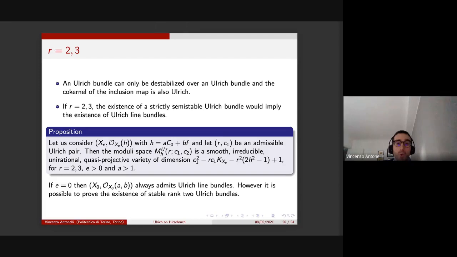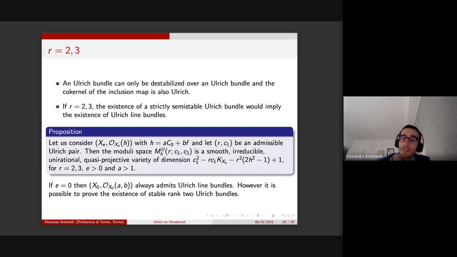But you cannot use directly the previous theorem to obtain the existence of stable ones, because in principle the family of strictly semistable vector bundles can cover all the moduli space.